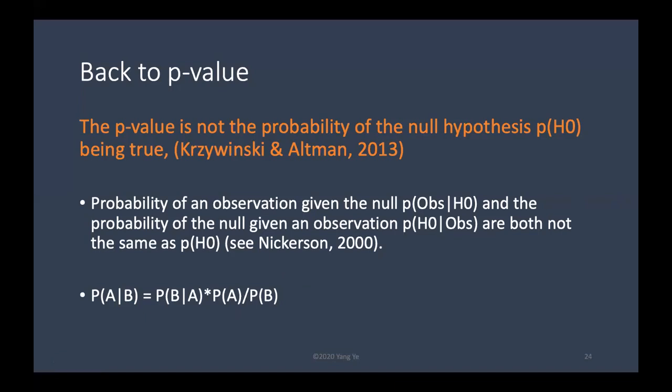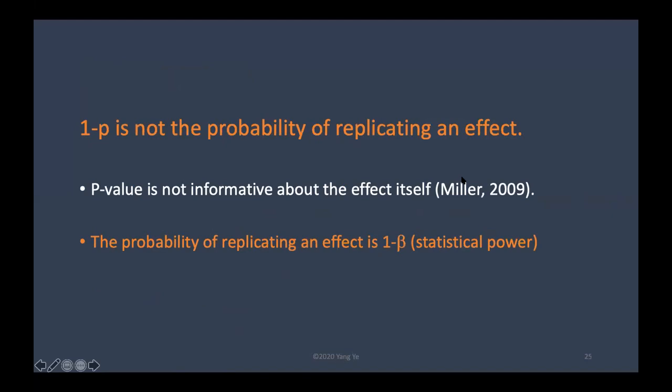And in order to estimate that, we need PA as well, which we don't really know. Okay? The second is that 1 minus P is also not the probability of replicating an effect, because the p-value is not informative about the effect itself. So it is connected, but it is not exactly the probability of that.